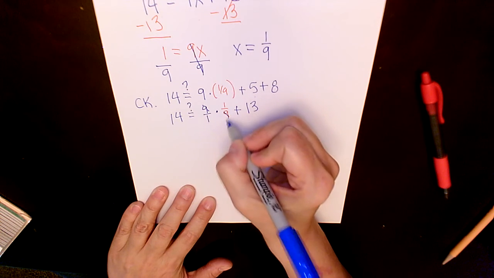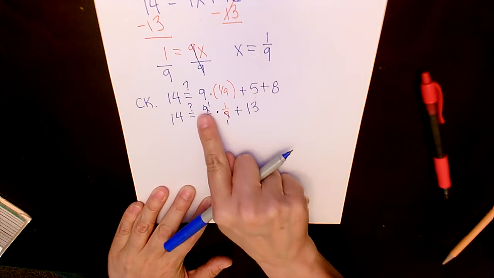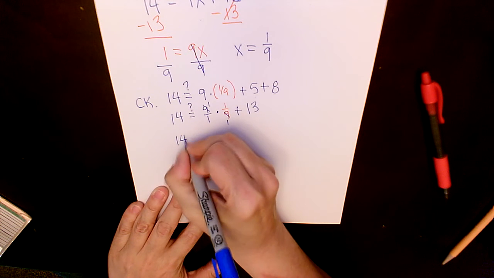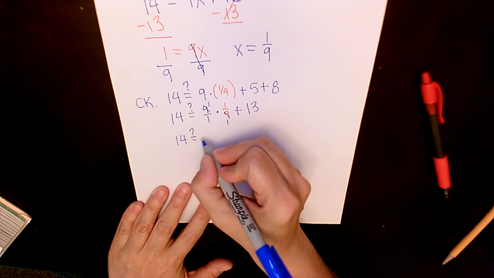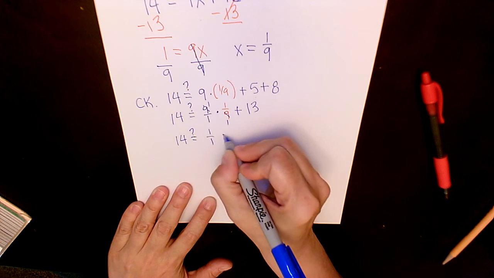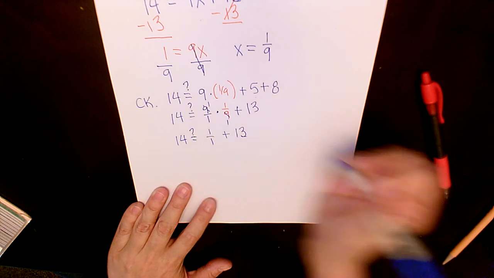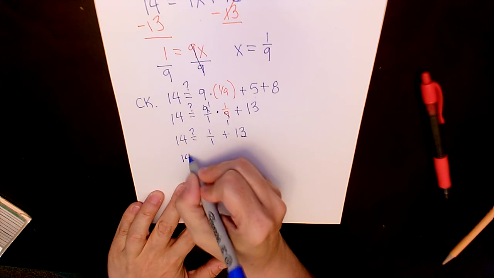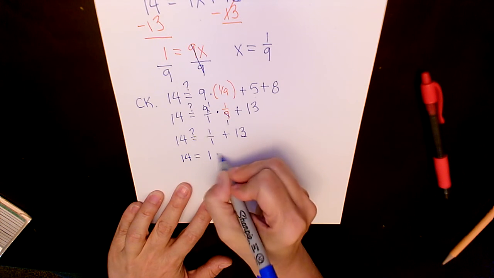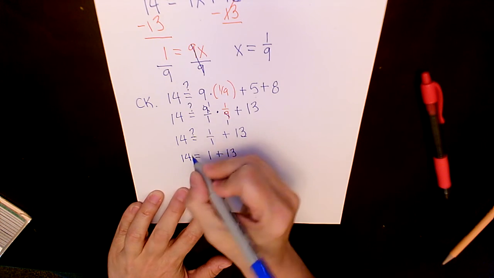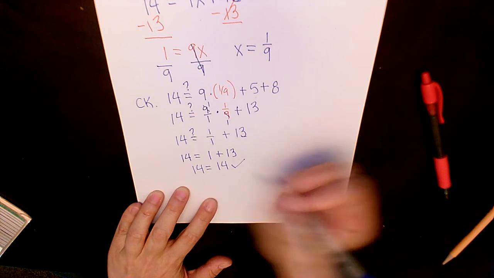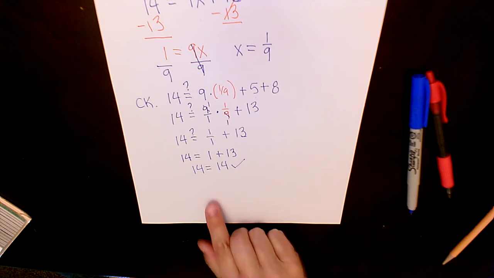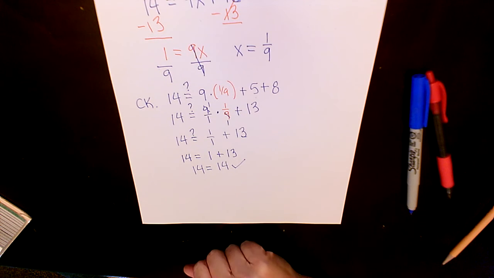So these cancel, and I've got 14 equals 1 over 1 plus 13, and 1 over 1 is just 1. So these two sides are equal. Both sides give me 14, so it does check.